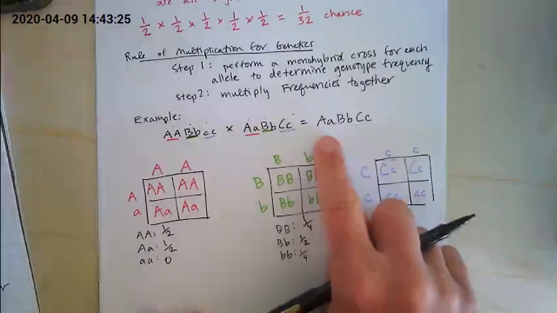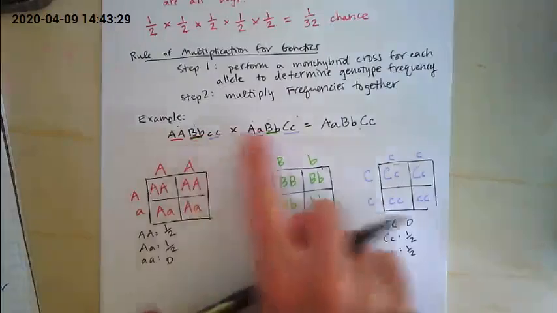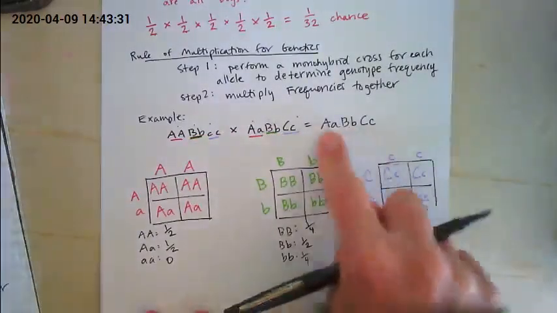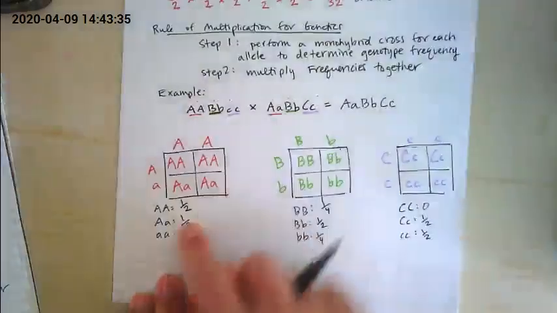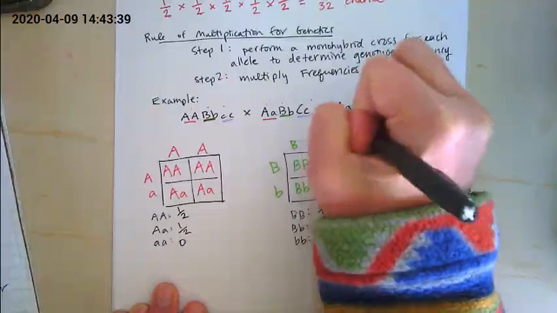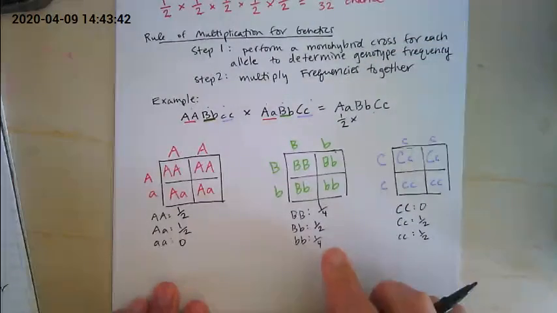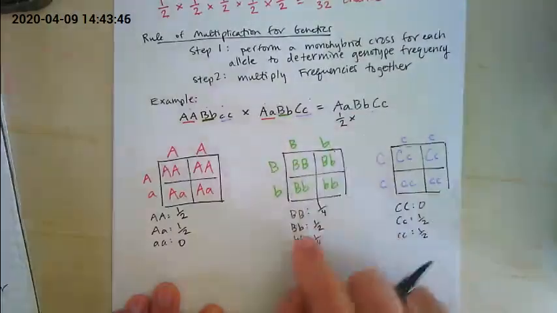Okay, so looking at our results here, what was the odds that these two would have this person here? So first you have to say, what's our genotype frequency for heterozygous A? Here it is, so it's a 1/2. Okay, what is our frequency for heterozygous B's?